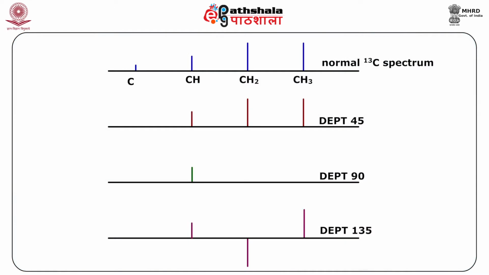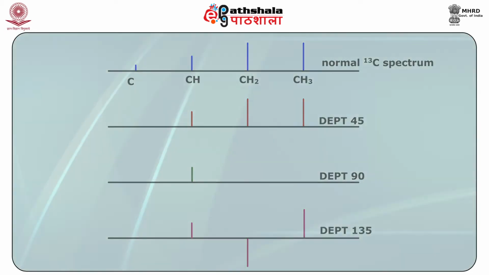And this you can see in this particular figure: you can see the normal 13C spectrum and compare it with the DEPT spectra, and you can see it has become simpler as compared to the normal one.